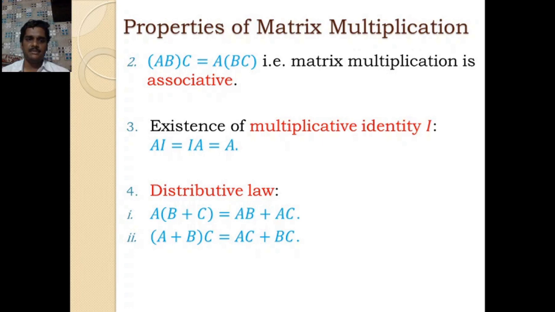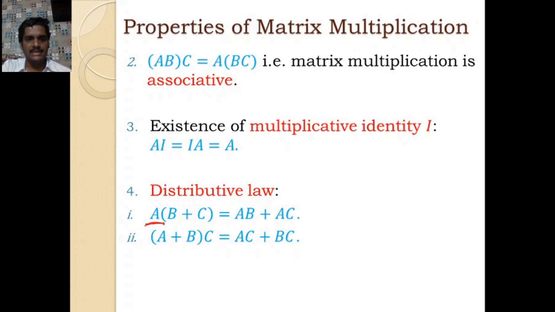Here is property number 4, the distributive law. This is a very important property. What is happening in this property? We are distributing matrix multiplication over matrix addition. And there are two laws over here. One is happening from the left side. You can all see the term that is multiplying is on the left side.